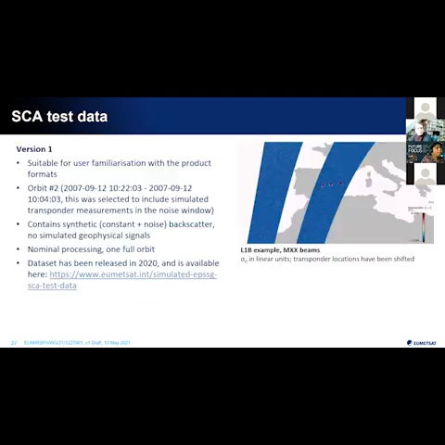What we also have available is test data. At the moment, we have a first version available of the test data, so it's basically an initial version for the users to familiarize themselves with the product formats. We have selected one full orbit, which contains essentially synthetic backscatter, which means constant backscatter and some noise.